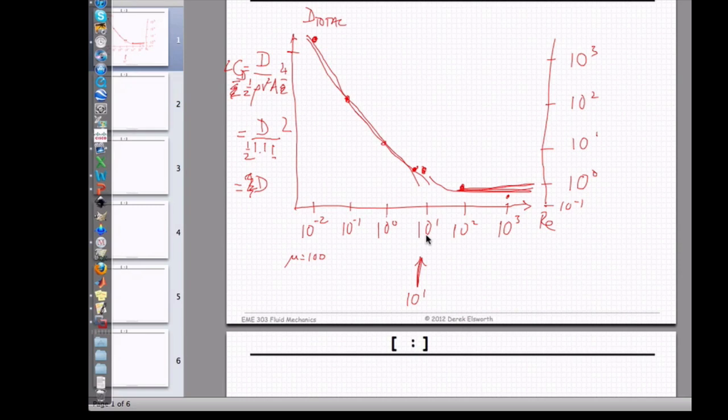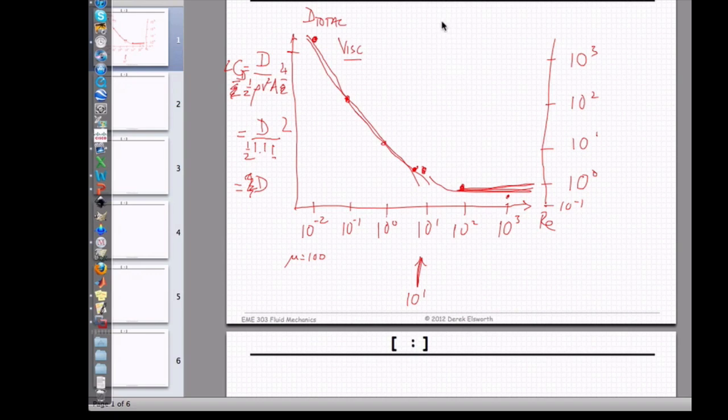What's happening in this particular case is that now the influence of the viscous drag, this is linear with viscosity, so each time you change viscosity by an order of magnitude, this force goes down by an order of magnitude. This is saying that in this regime, this is viscous dominated, which is what we said before.